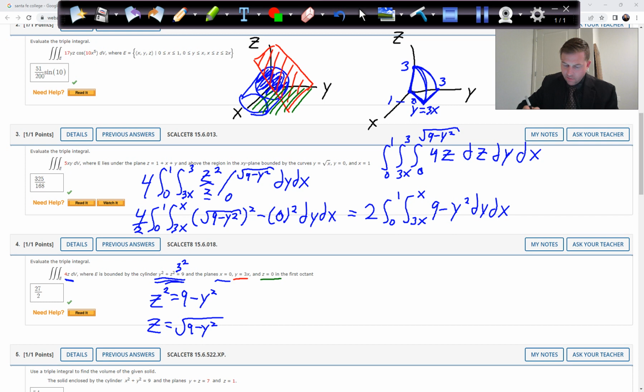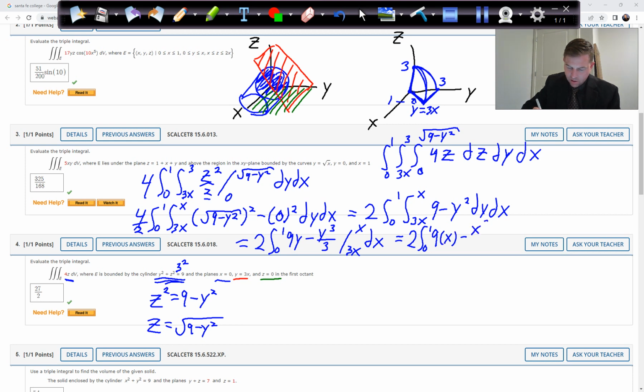Okay, now we can take this antiderivative. It's 2, 0 to 1, 9y minus y to the third over 3, that varies from 3x to 3, dx. This is going to give us 2 times 9 times 3 minus 3 cubed over 3, minus, plug in 3x, so it's going to be 27x minus 27x cubed over 3.